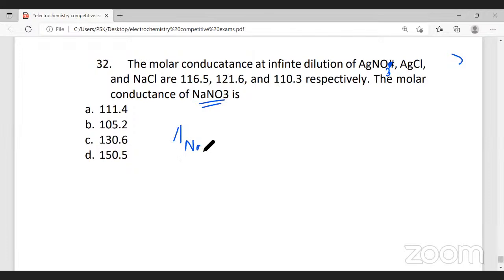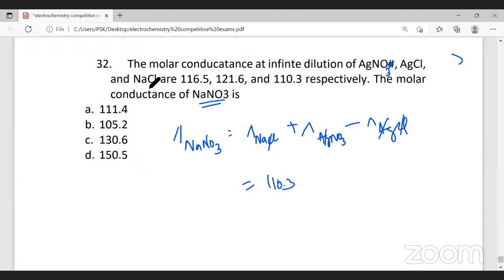It will be the molar conductance of NaCl plus AgNO3 minus AgCl. The Cl and Ag cancel, leaving sodium nitrate: 110.3 plus 116.5 minus 121.6, which gives 105.2. This is the molar conductance of sodium nitrate.